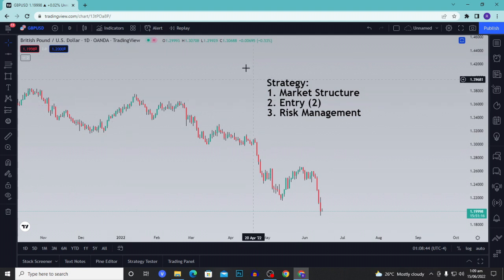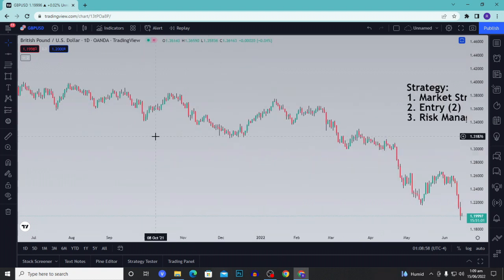Similar to the first video, we're going to use the market structure, which is price going up or down from higher highs, higher lows, lower highs, lower lows. And we're going to use the Fibonacci for our entry again, along with round numbers or the psychological numbers.